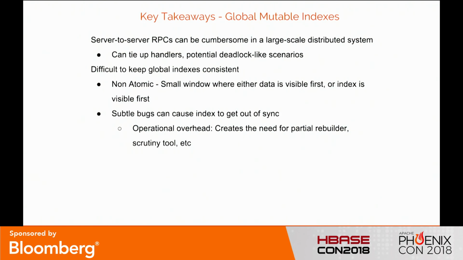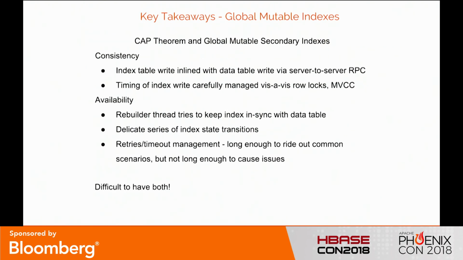which is operational overhead. And if you think about it in terms of the CAP theorem, what we're trying to do is cheat the CAP theorem essentially. We want both consistency and availability. We want the index to be as consistent as possible. That's why we do the server-to-server RPC before we return to the client, so that by the time we return, both the data and index table writes have happened, so it looks consistent.